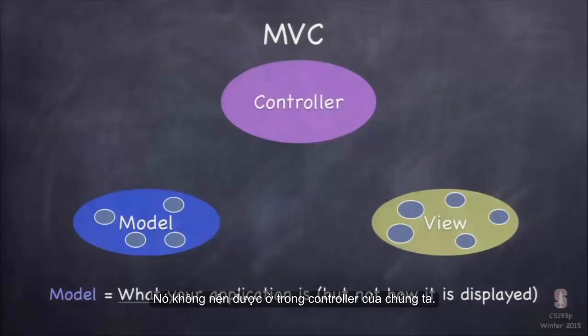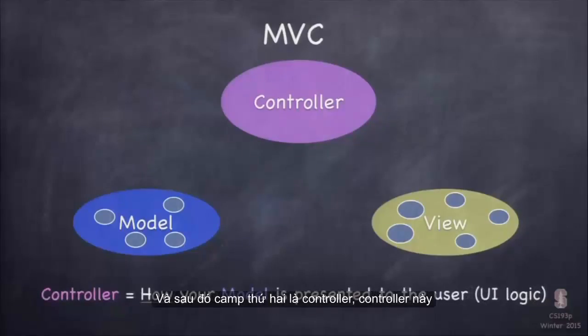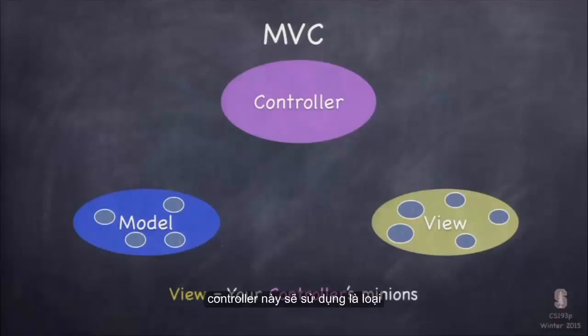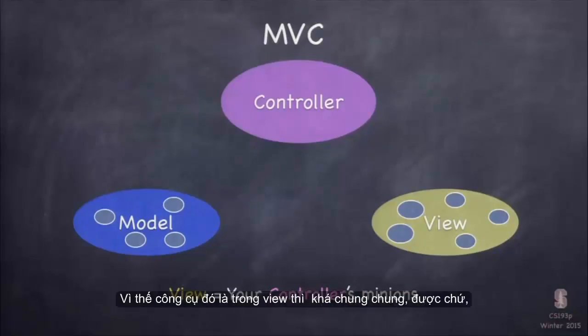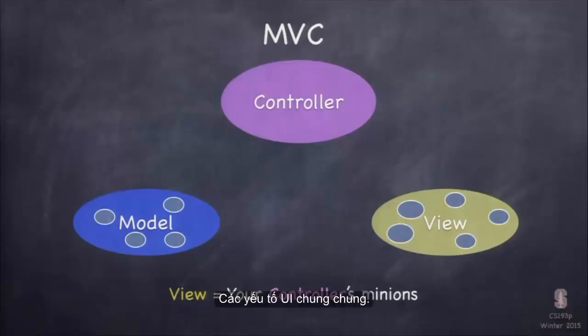It shouldn't be in our controller. And then the second camp is the controller. The controller controls how the model is presented on screen. And the view is the minions, the classes that the controller is going to use, kind of like the building blocks, the Lincoln Logs. I don't know, maybe that's before all of your time, but the things we're going to use to build our UI, we're going to use in the view. So the stuff that's in the view is pretty generic, generic UI elements.